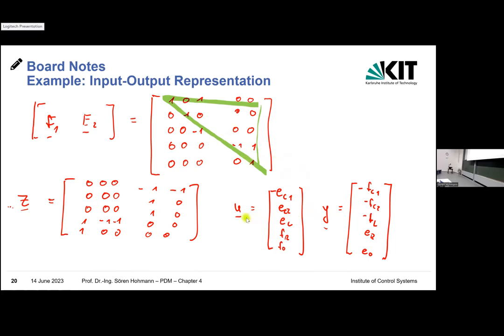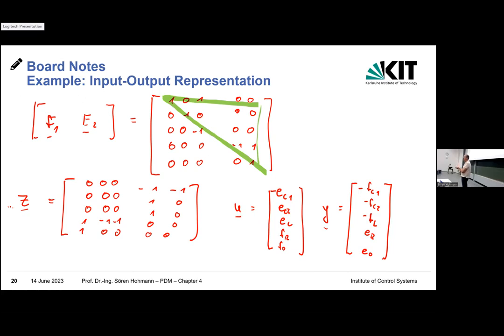Obviously, if you take U transpose times Y, you see it's always a multiplication of effort and flow things. So you do not group all the effort variables and the flow variables separately. Here you have a mixture of it.